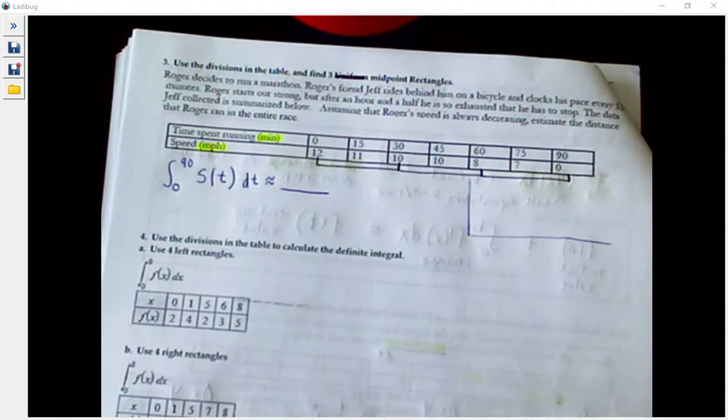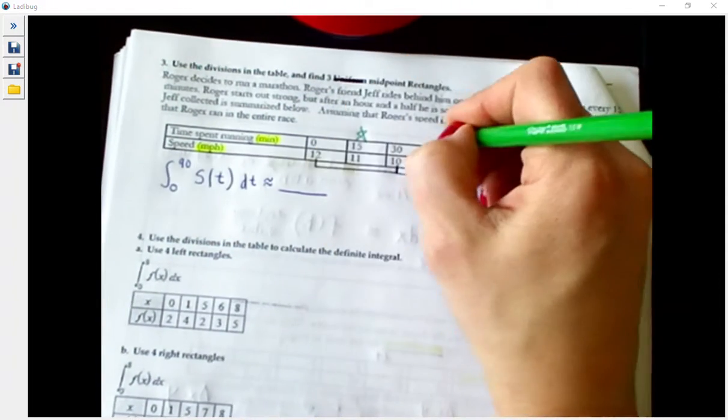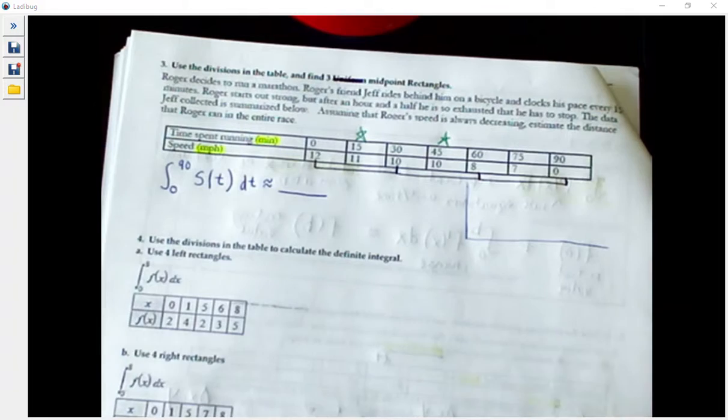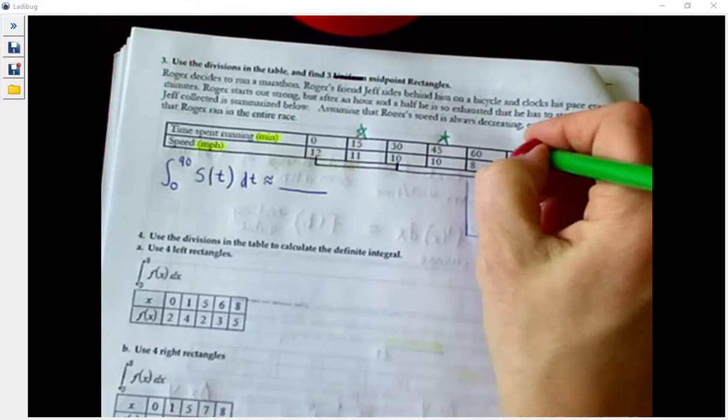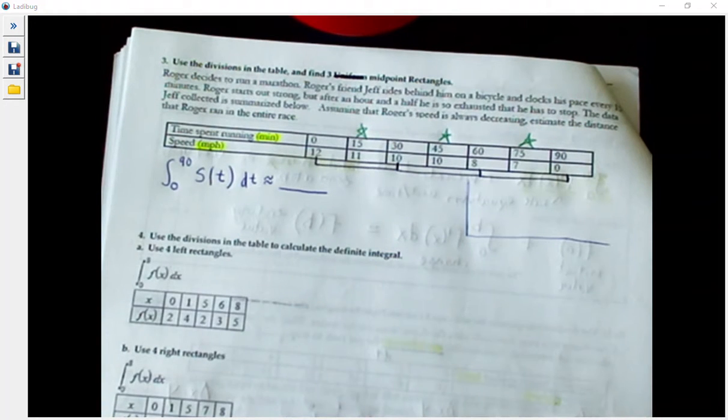Midpoint rectangles. Midpoints of the edges. Not the left edge, not the right edge, the midpoint. Notice I starred the midpoint up there. That's what I'm looking for.